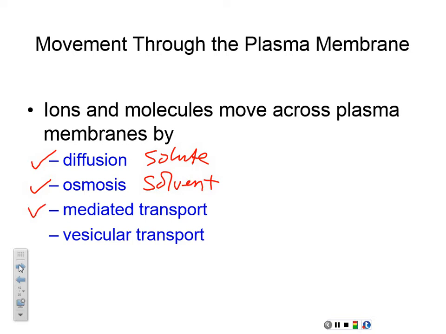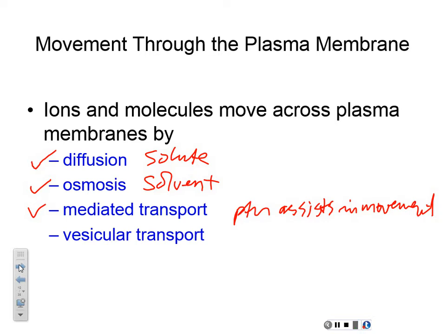And then mediated transport. This is wherever you have any molecule that assists, whether it be a protein or whatever, in the movement. So what are some of the examples of mediated transport?